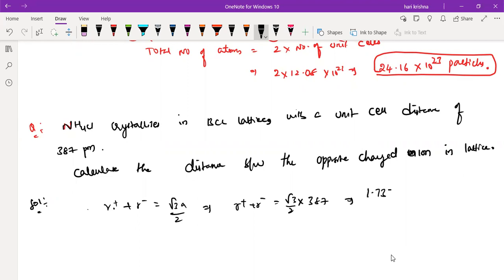This is 1.732 by 2 into 387. If we solve this, we'll get the answer of 335.15 picometers. Okay, this is the answer for this solution. This is a problem we also discussed yesterday in class, I mean the formula for this.